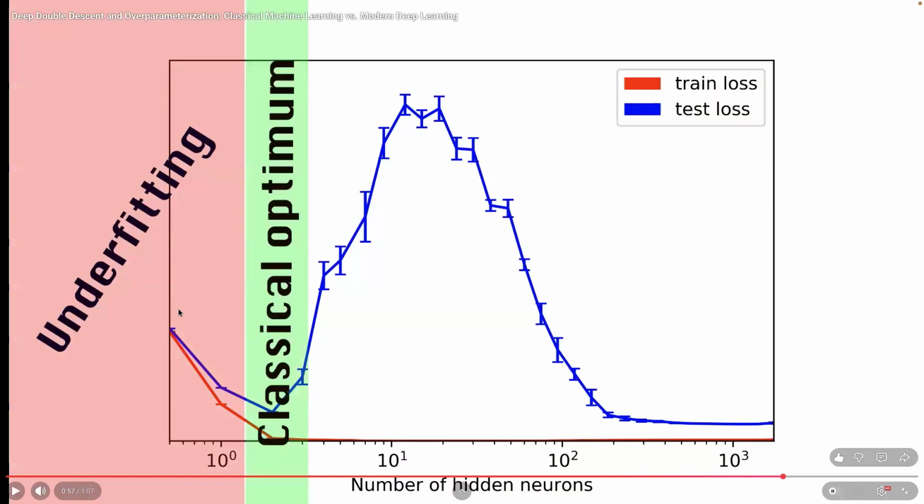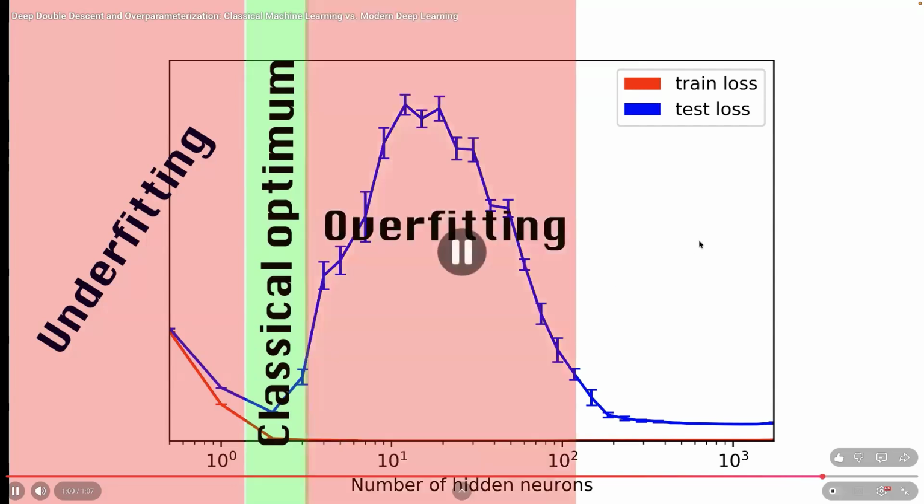So you can see this is classical underfitting, where both your test loss and train loss are high, which means that your model is too simple. And then you have this classical optimum, which is where you want to be for optimal performance for a small-scale model. And then you have this overfitting regime where your training loss is zero, but your test loss is very high, right?